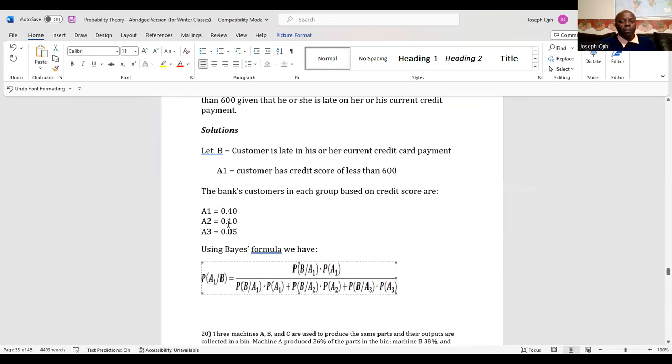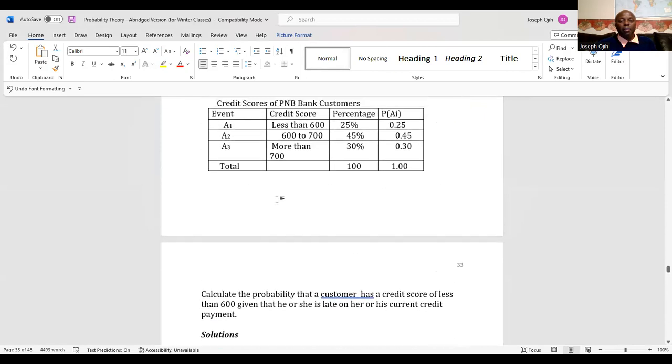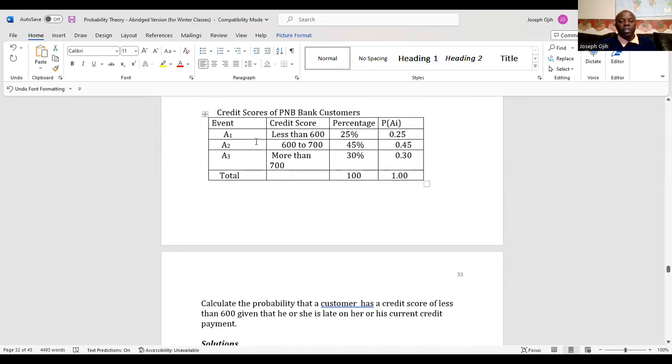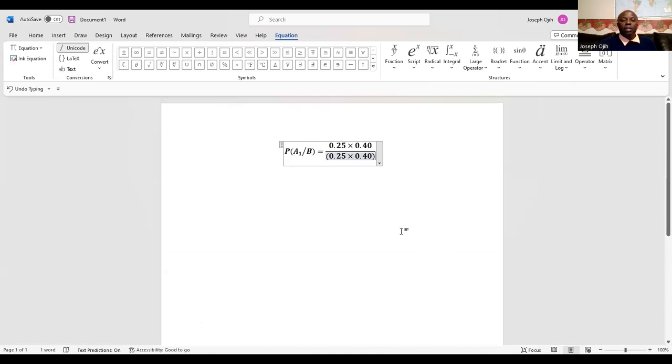That means basically 0.10 times 0.45, since they both represent A2. So I'm going to take you back to plug this part in. So we got plus 0.45 times the probability of A2, which is 0.10.